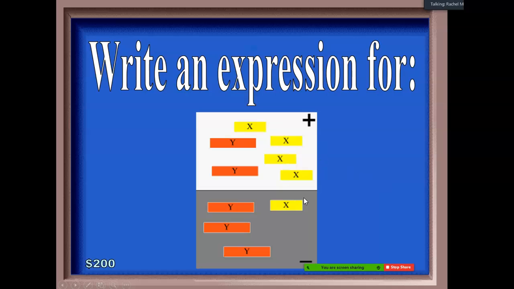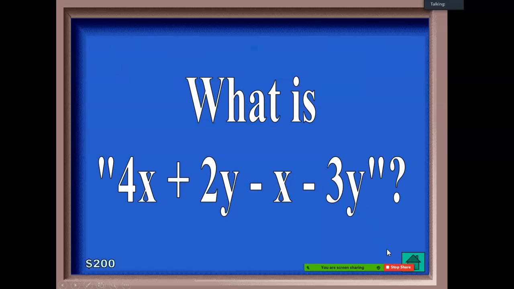So there's 4 positive x's and 1 negative x, so 4x minus x is 3x. And up here you have 2 positive y's and 3 negative y's, so 2y minus 3y is negative y. So you had 4x plus 2y minus x minus 3y, which gave you 3x minus y.